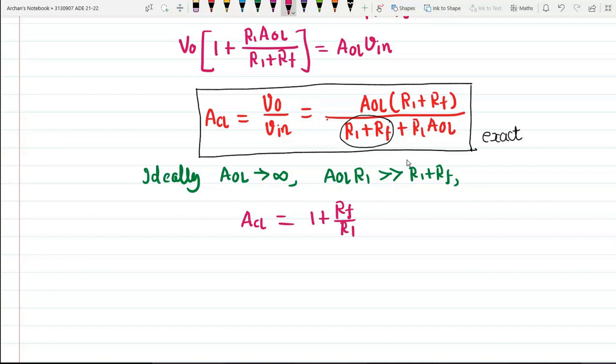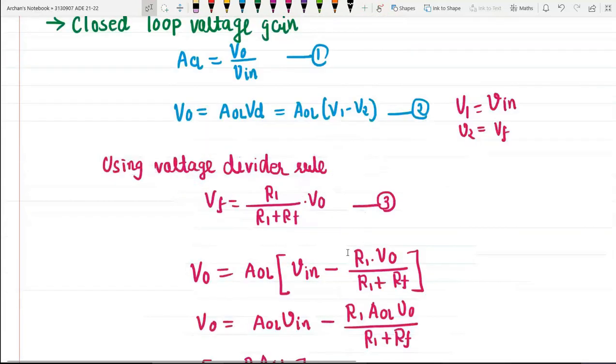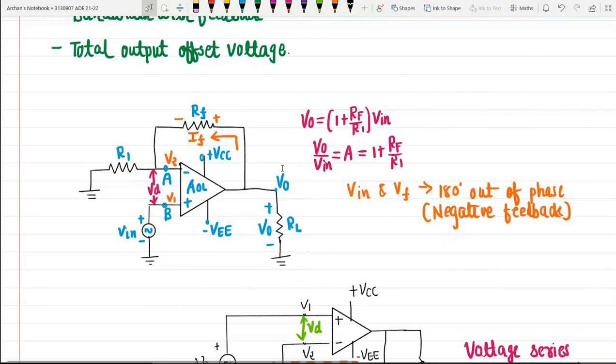This AOL will get cancelled out and we will be left with R1 plus RF divided by R1, that is equal to 1 plus RF by R1, and this is the ideal case that we already know. So this result is derived for the ideal non-inverting amplifier. Already we have derived it. This is the closed loop voltage gain provided by the non-inverting amplifier.